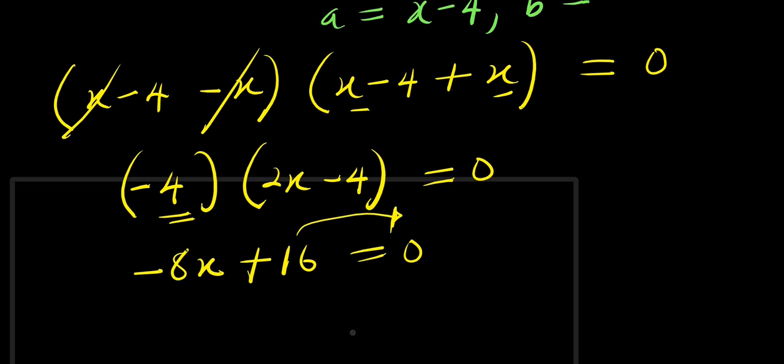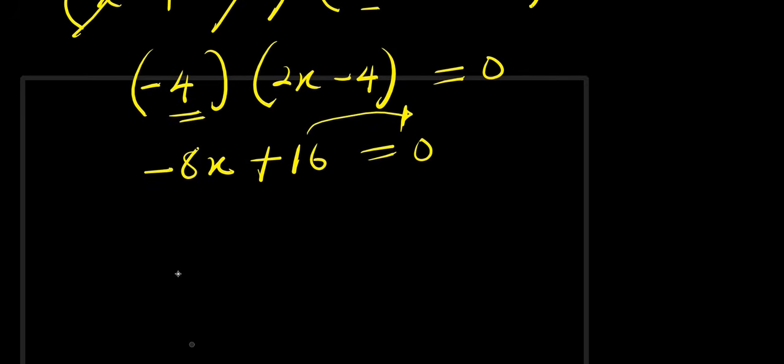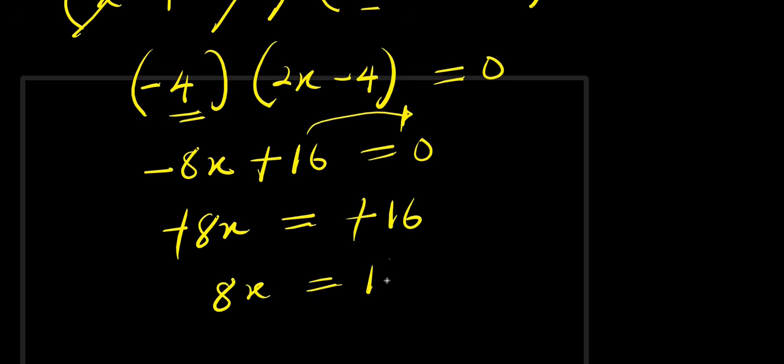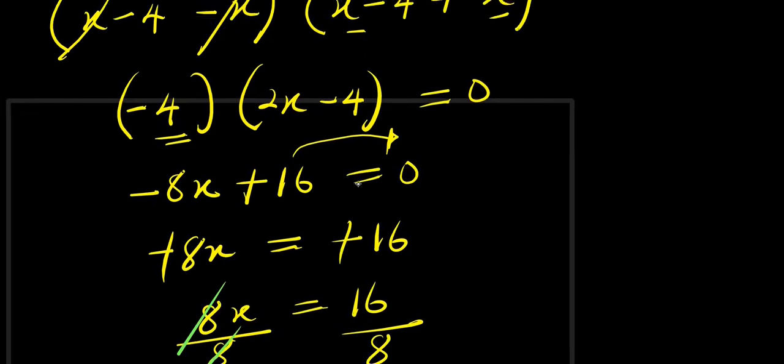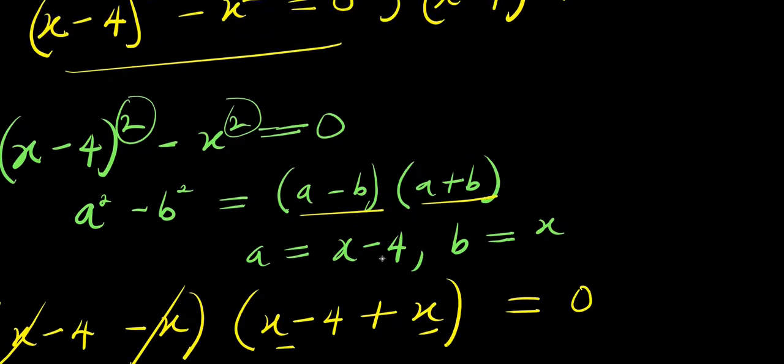And move this over here. I will have minus 8x equals minus 16. Minus cancels minus. I have 8x equals 16. And divide by the coefficient of x, that is 8. So from here, this cancels this. I have x equals 16 divided by 8. That is 2. So that is one value of x.